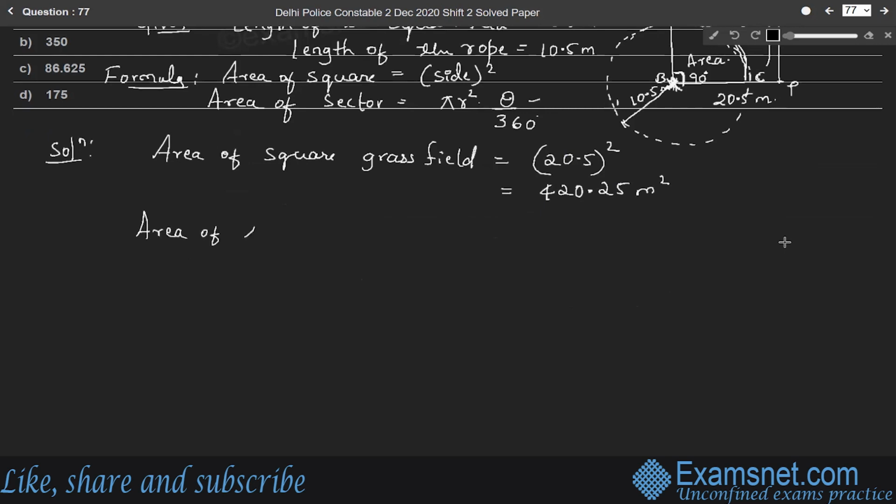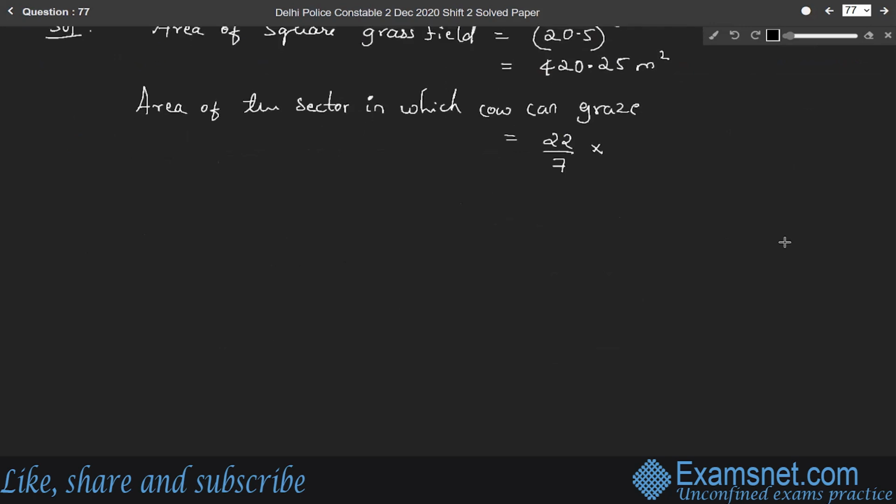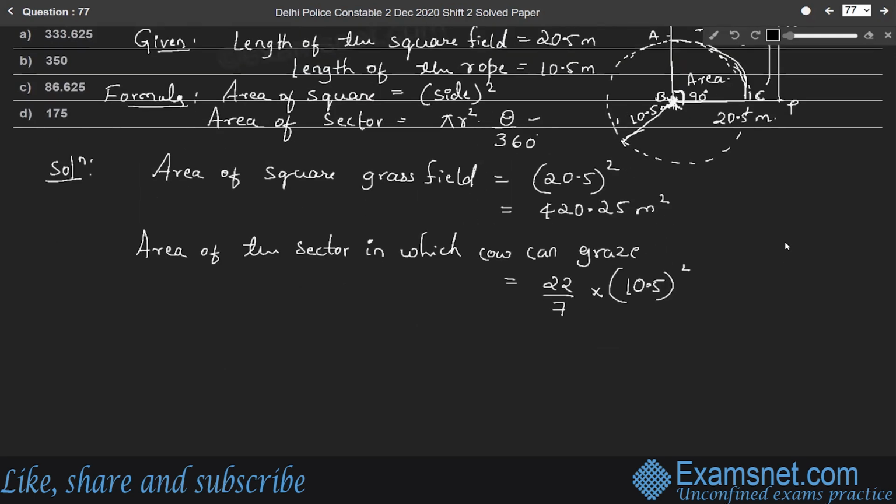Whereas area of the sector in which cow can graze is equal to pi r square: 22 by 7 into radius of the sector, which is equal to length of the rope, right? Therefore, it is 10.5 square, pi r square into theta by 360.